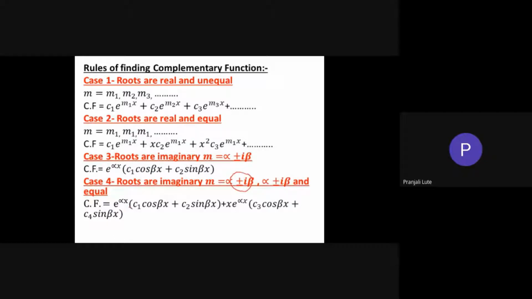Here second root is alpha plus minus i beta. This root is repeated. So here write down x e to the power alpha x c3 cos beta x plus c4 sin beta x. Here we have to write down x because these roots are imaginary and these roots are equal also. That's why here we write down x.